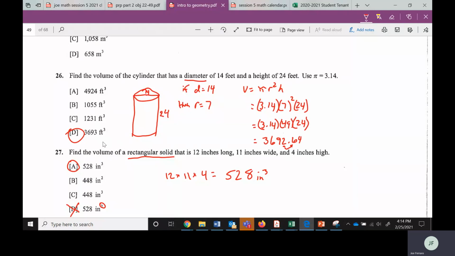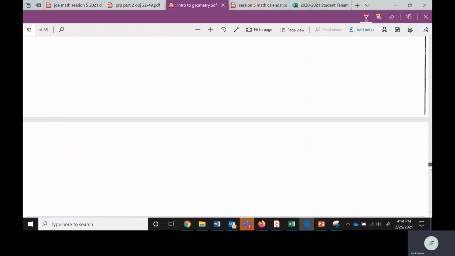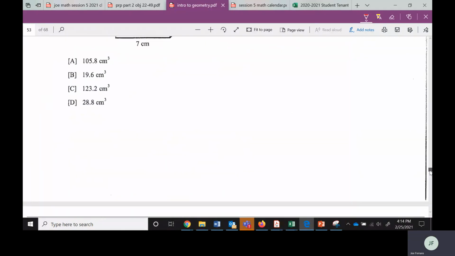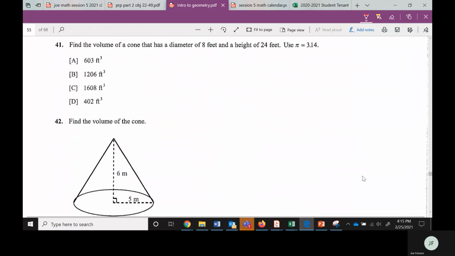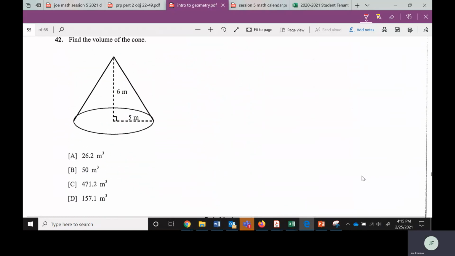Okay. All right. 2 more problems. So page 7 of this again. We're going to look at a cone. So we got one more formula to look at. I'm going to throw the formula up here for you.